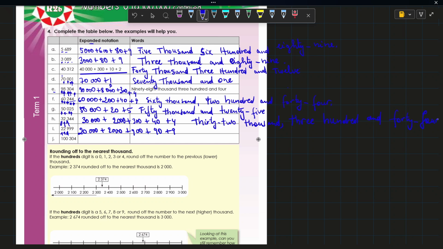This is 22,000 900, sorry, it's 900 and 99. 99.